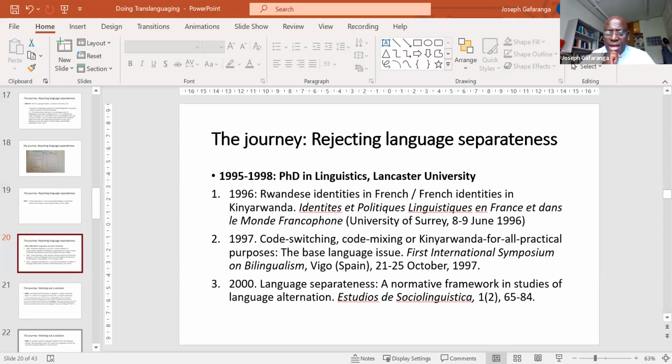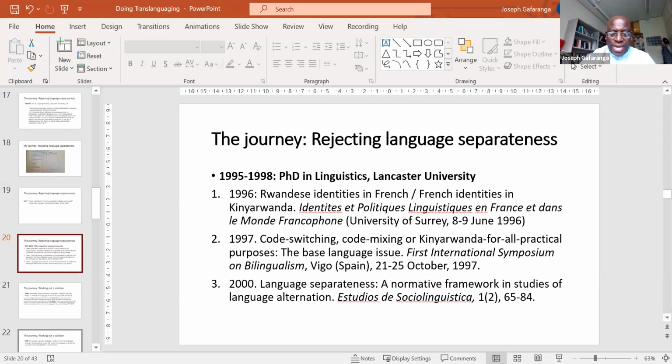A year later, I attended a conference in Vigo, Spain, and I read a paper with the title Code Switching, Code Mixing, or Kinyarwanda for All Practical Purposes, whereby again I'm rejecting the notion of code switching or code mixing because they imply separateness. And I simply say it's Kinyarwanda for all practical purposes, it's one.